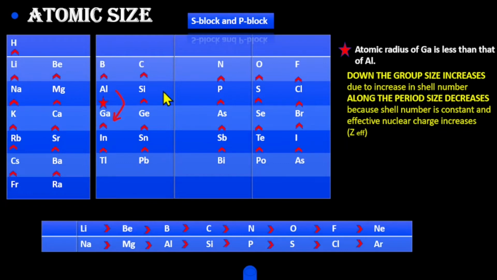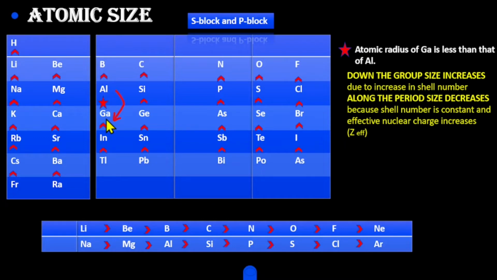But there is one exception which is mentioned in one of the chapters of the NCERT book. It is mentioned in NCERT that the atomic radius of gallium is less than that of aluminium. So what you will do is make this order: thallium has the highest atomic size, then indium, then not gallium. Aluminium will come downward. This arrow indicates that this will come down.